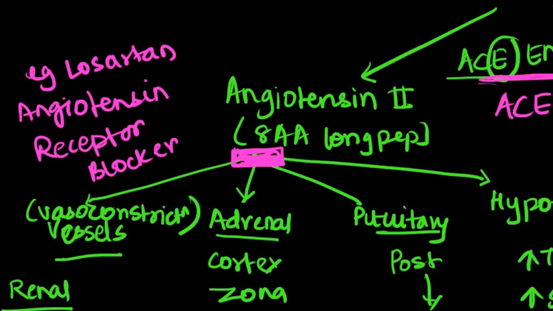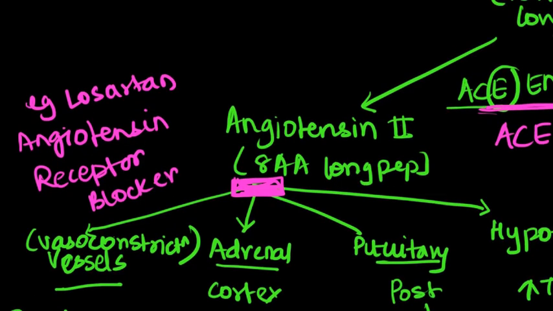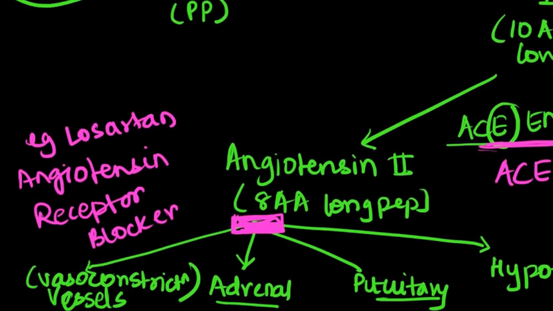All the sartans are your angiotensin receptor blockers. The benefit is that it does not affect the bradykinin breakdown, because the ACE enzyme is not affected here, so cough is not there. So it's definitely an alternative in case of ACE induced cough, where you need to switch the patient to an angiotensin receptor blocker.